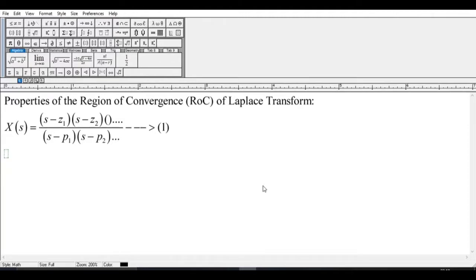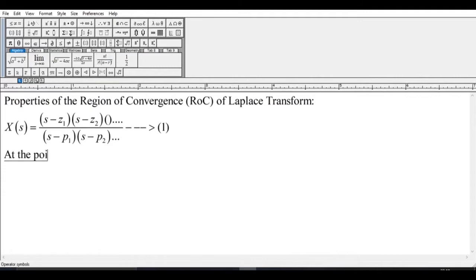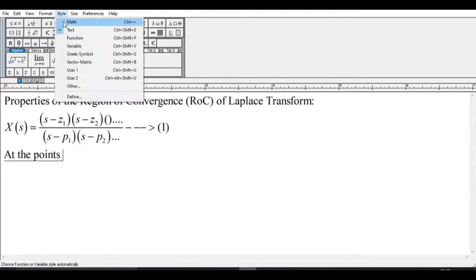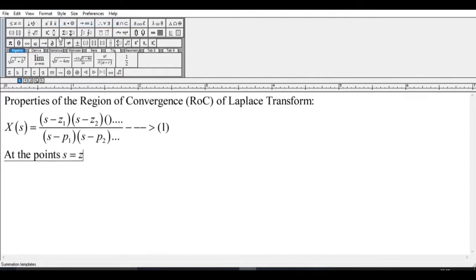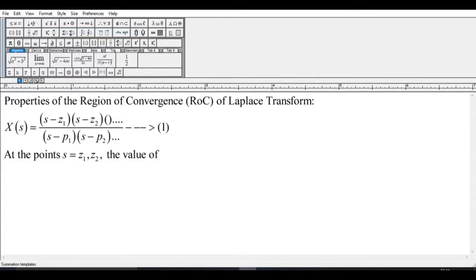Now, if you closely look at equation 1, you will understand that at the points s equal to z1 or s equal to z2, etc., the value of X of s becomes 0. That is why such points are called zeros of the function X of s. So in other words, in general, at the zeros, the value of a function becomes 0.